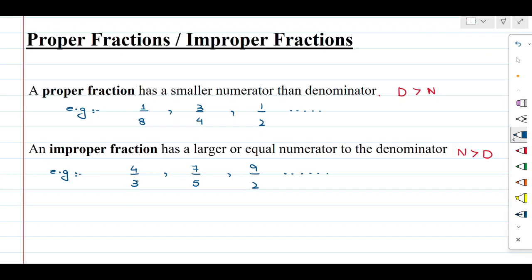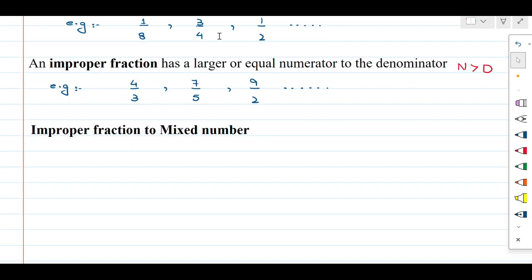Okay, and in the exam you come across questions that ask you to convert improper fractions to mixed numbers, right? So let's do such examples. Let's learn how to convert improper fractions to mixed numbers. These are improper fractions, where your numerator is more than the denominator. So how can I do it?